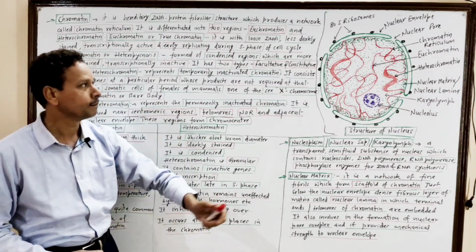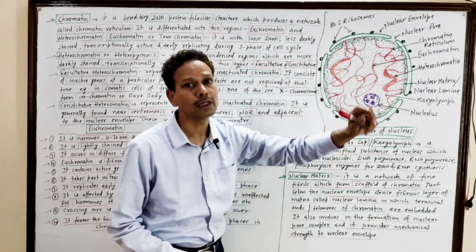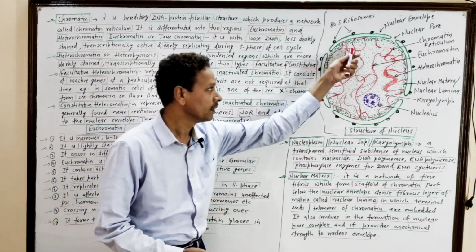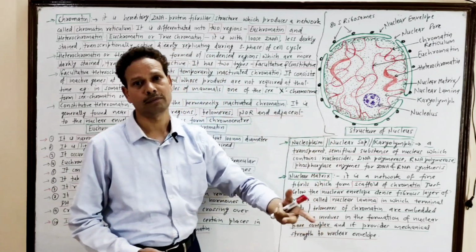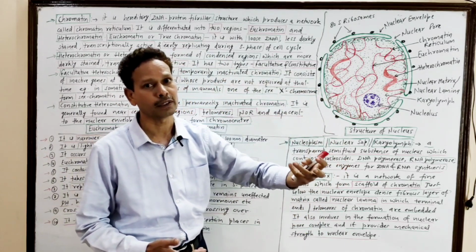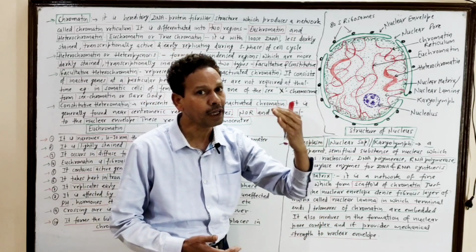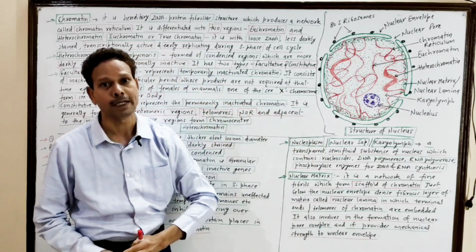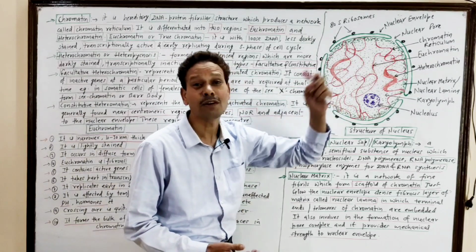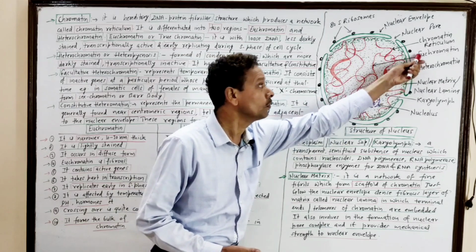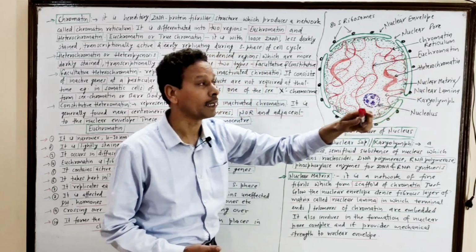Dear students, this entire network present inside the nucleus is the chromatin reticulum. It is the chromatin network, a hereditary material made up of DNA protein fibers. This chromatin has two forms, one is euchromatin, second is heterochromatin.